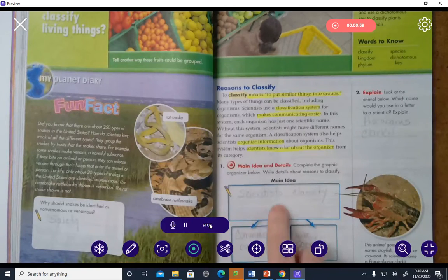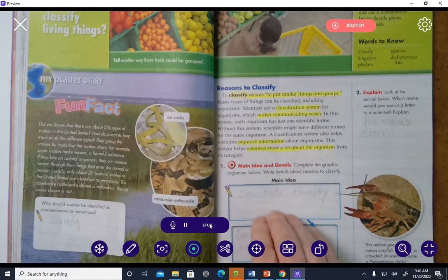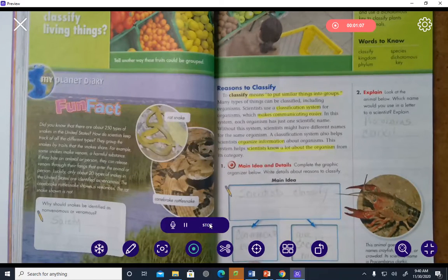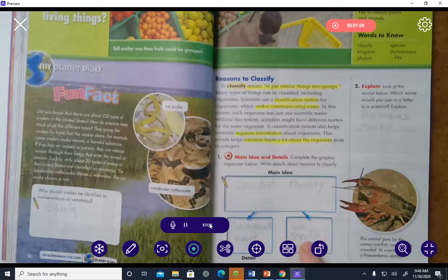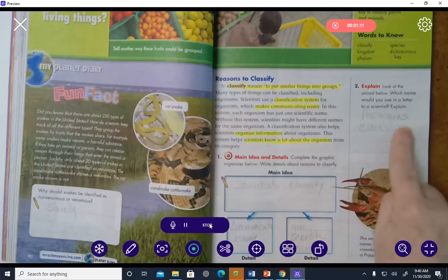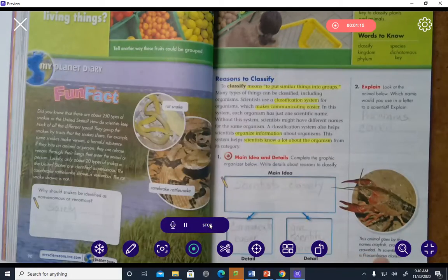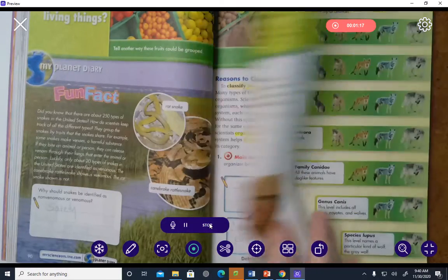The main idea was about scientists using classification systems that make communication unified and easier and giving scientific names. We answered this together in class about how we would use the scientific name of that crab.